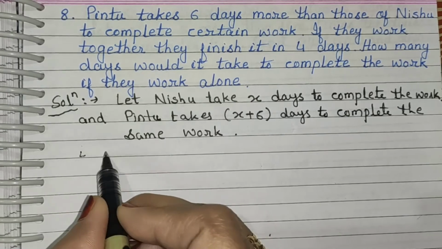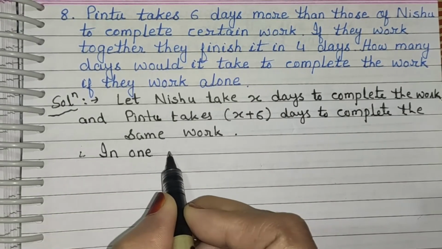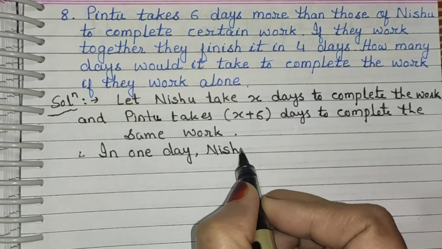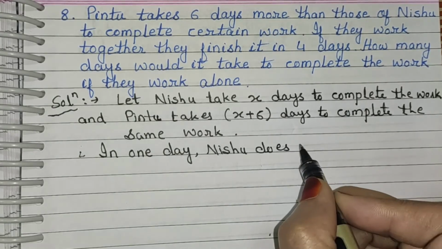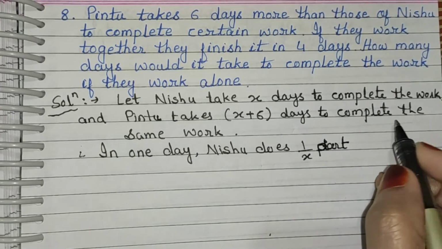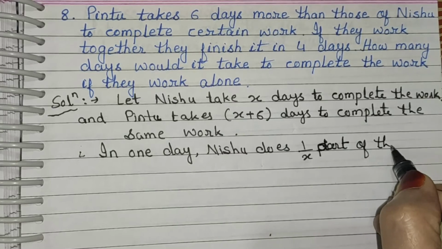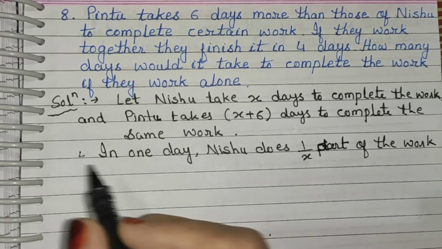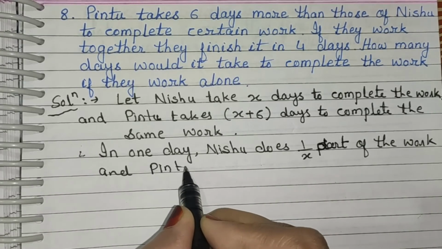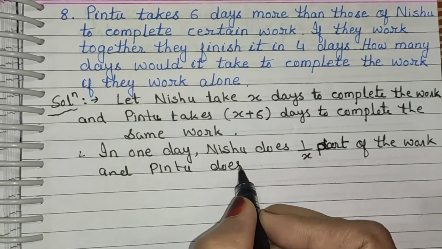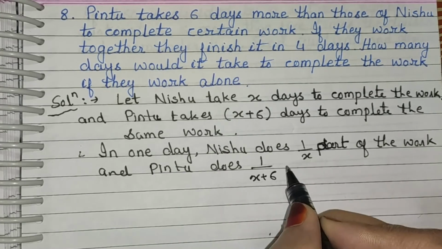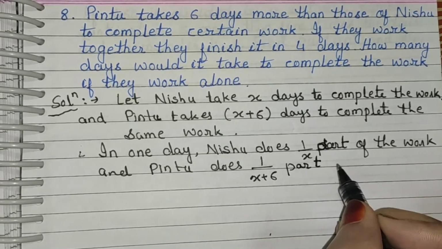In one day, therefore, in one day, Nishu does 1 upon x part of the work, and Pintu does, x plus 6, therefore, in one day, 1 upon x plus 6 part of the work.